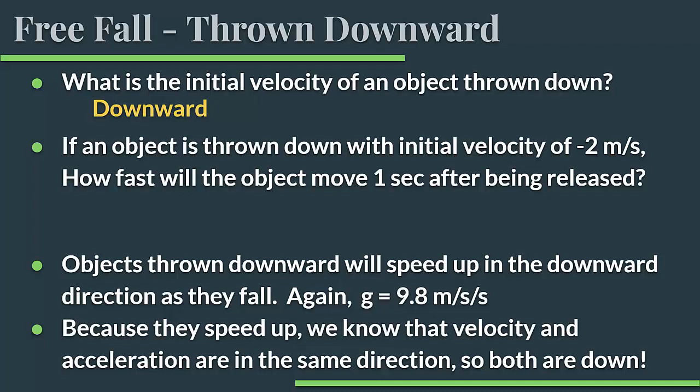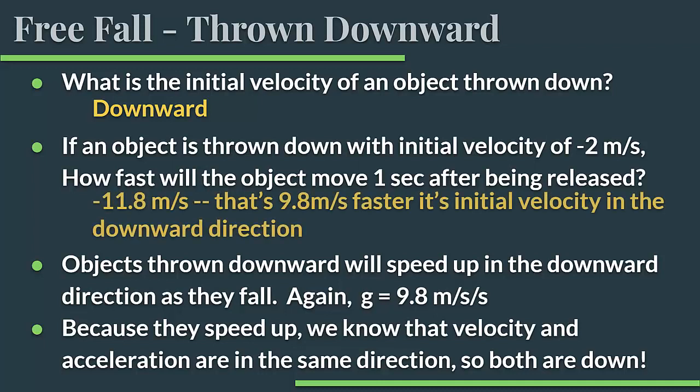My gravitational field strength is pulling toward Earth's surface. And so 1 second after being released, it's going to be 9.8 meters per second faster in that same direction than it was before. So right now it's -2, and 9.8 meters per second faster than that, again -9.8 meters per second because it's downward, is -11.8 meters per second.